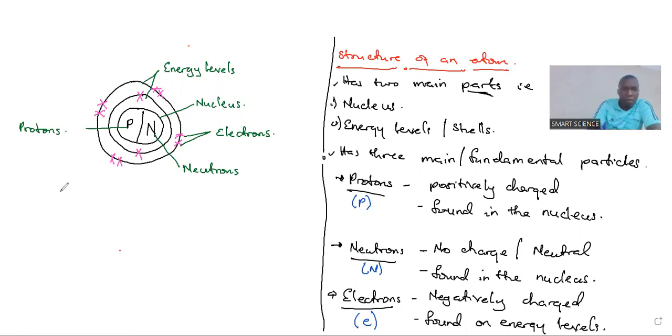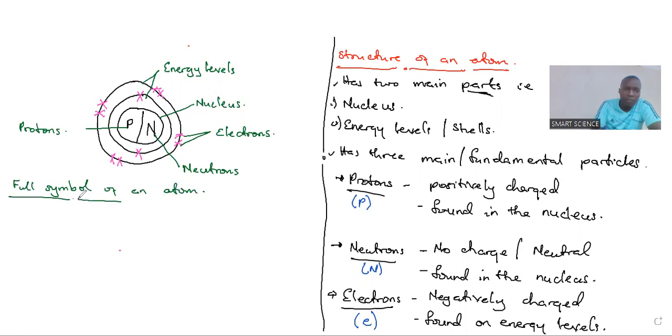And when we come up with the structure of an atom, this opens a door for us to see that different items on an atom can be clearly explained. For example, the second subheading we are going to meet is how to write a full symbol of an atom.